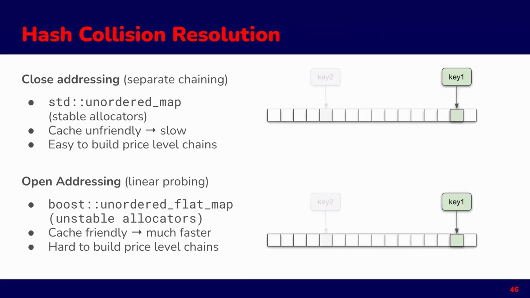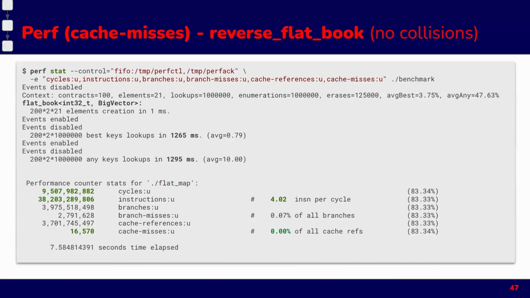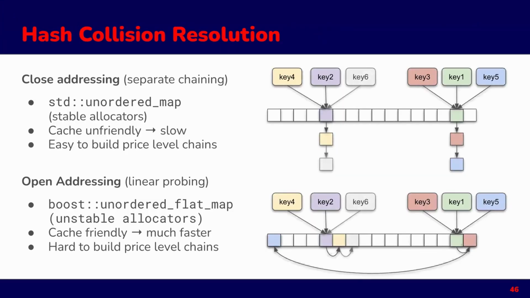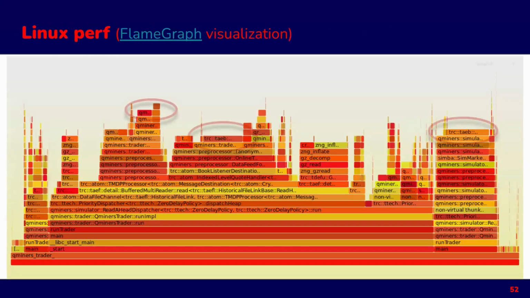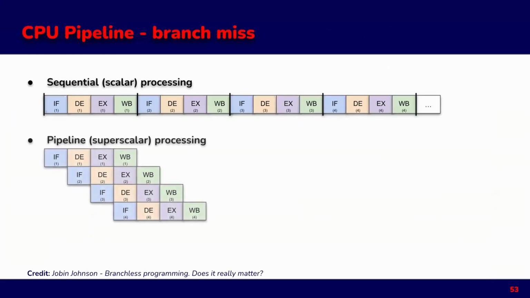This is the cache miss, open versus closed addressing, solving of collisions in hash tables. And now here is a CPU pipeline. When you have an instruction, it has several phases: fetch, decode, execute, write back.